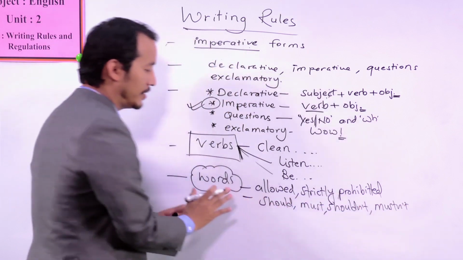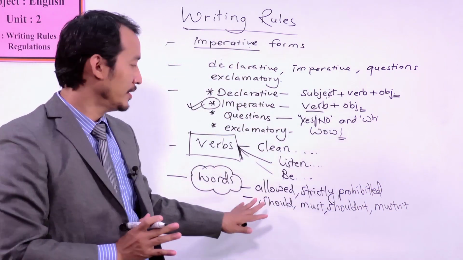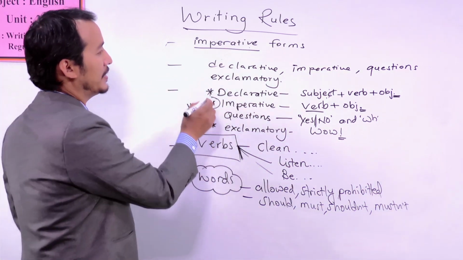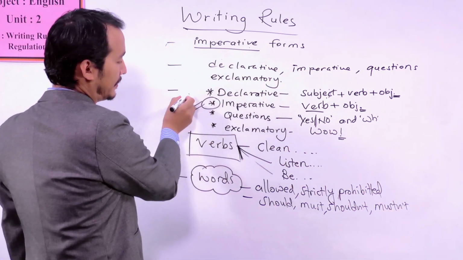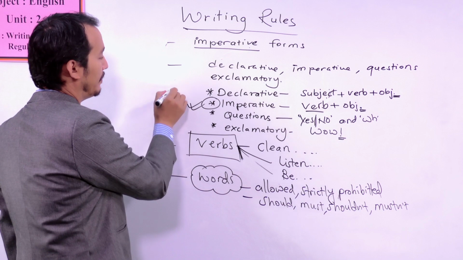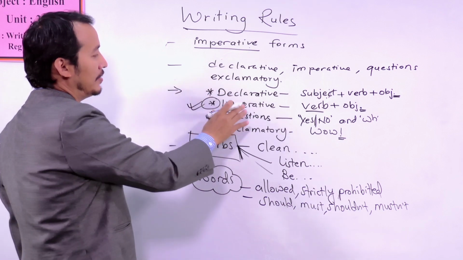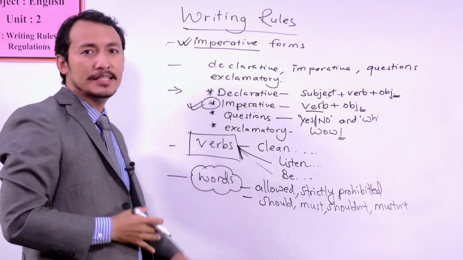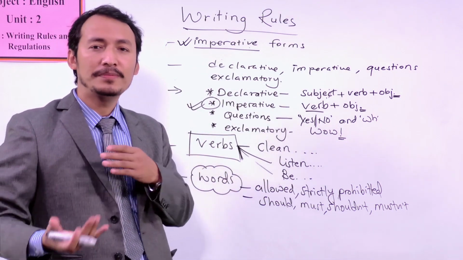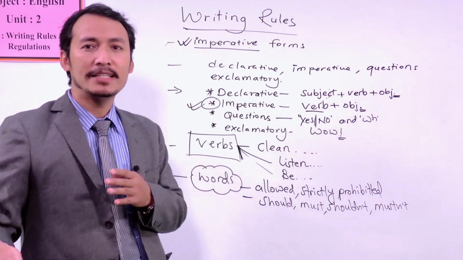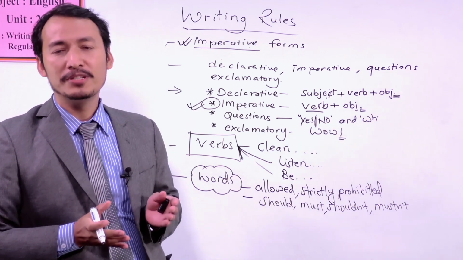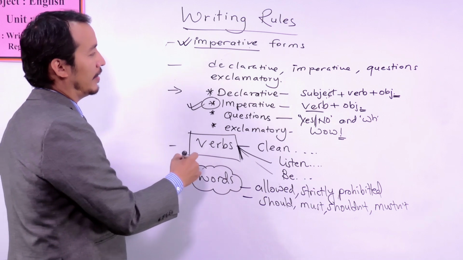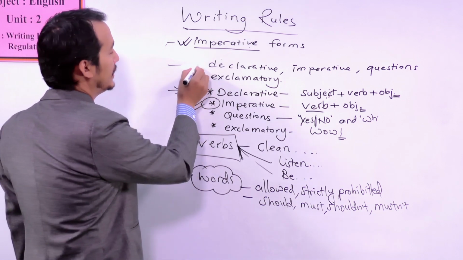For using these words, you can use another form of sentence as well, that is the declarative sentence. I said earlier you can use the imperative form mostly because it is very easy. You can say clean, or don't do that, or do that, use, likewise. And if you want to use another form, you can use the declarative one as well.